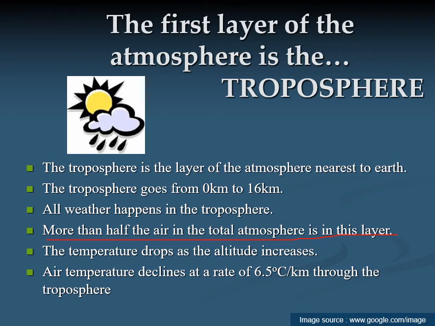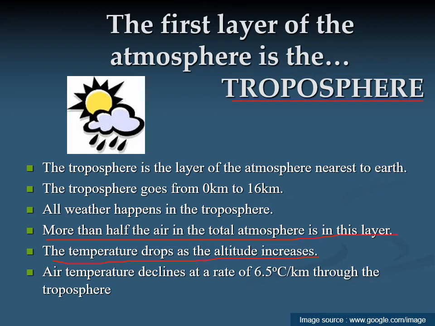The temperature within the troposphere drops with increasing altitude. The general rate of decrease in temperature with height in the troposphere is about 6.5 degrees centigrade per kilometer.